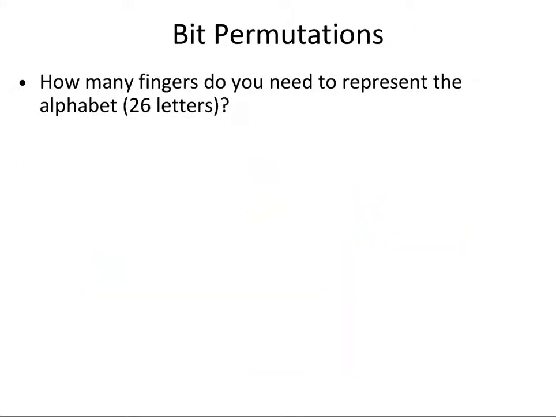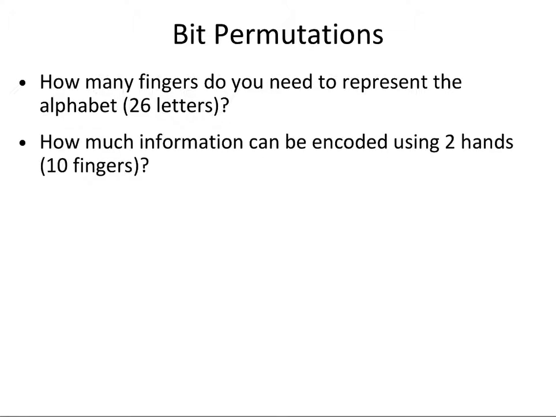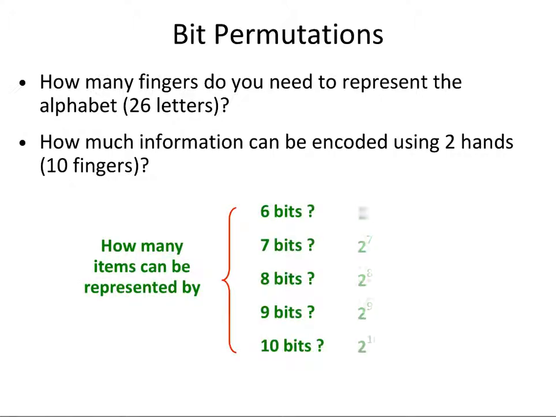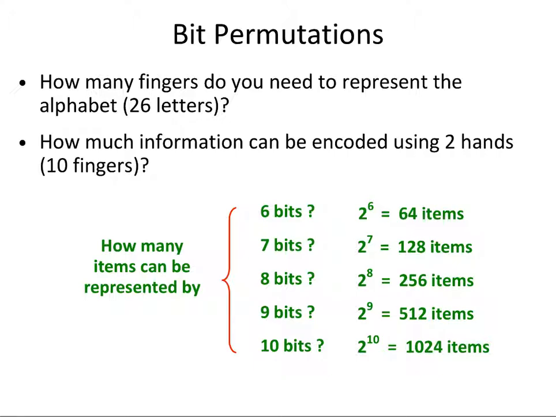How many fingers do we need to represent the alphabet, which is 26 letters? How much information can be encoded using 2 hands of 10 fingers? Well, in each of these cases, we can use the number of bits to help us determine.